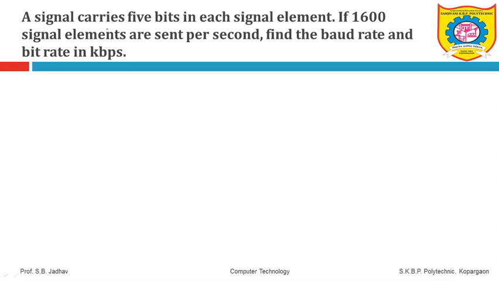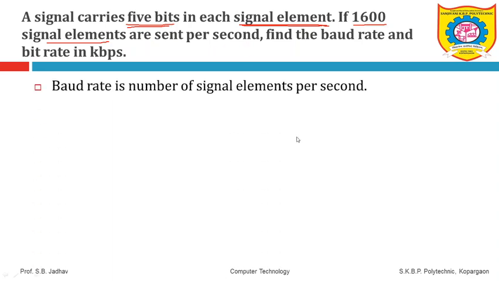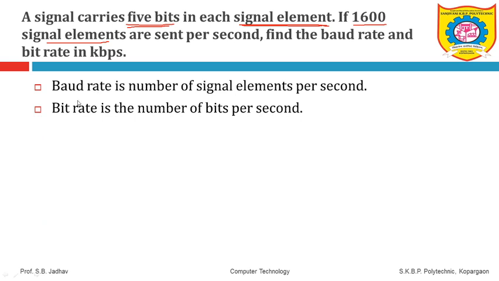We are given that 5 bits are used as a signal element, which means that 5 bits represent a single symbol. And how many symbols are sent? 1600 signal elements, which means 1600 signal elements or symbols are sent per second. So let us write what is given. We know that baud rate is the number of signal elements per second.